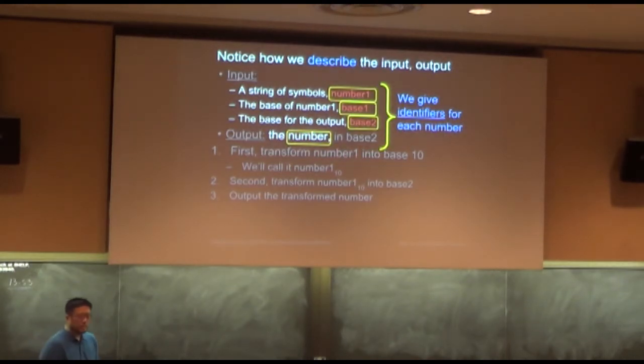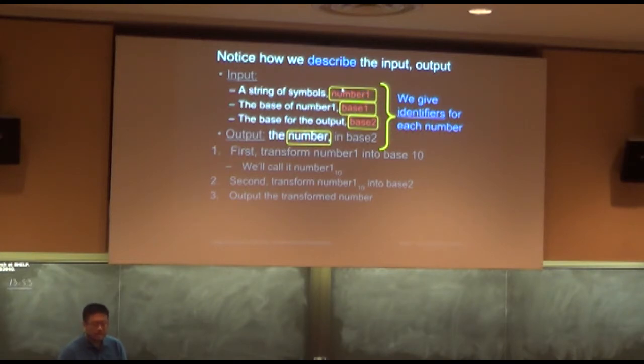Okay, so notice that when we describe the input and output, we describe it in a certain way. Now, the way I described it kind of required me to go this way, but now I'm going to highlight why I'm describing it in this way. When I have inputs, I have names for those inputs.